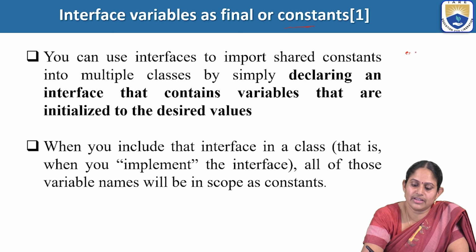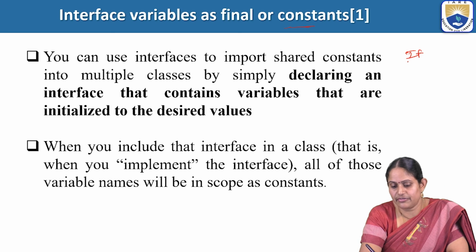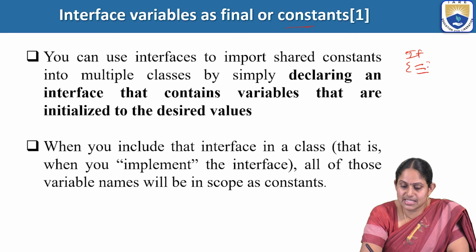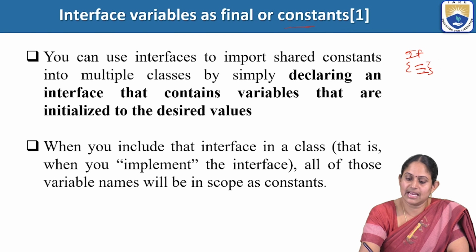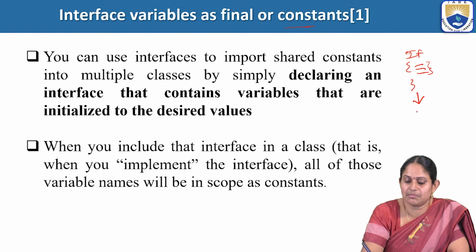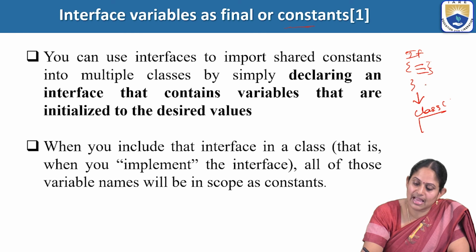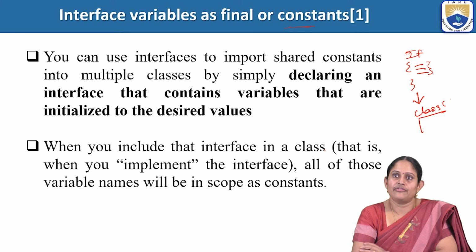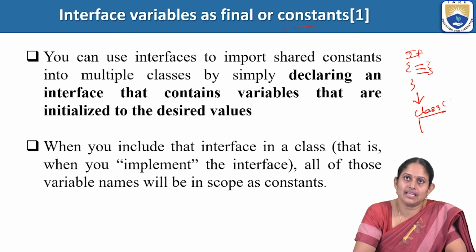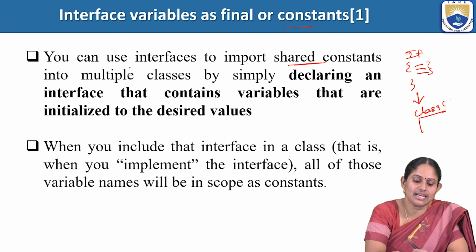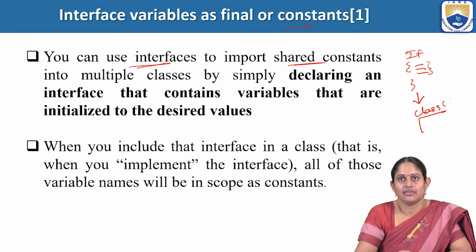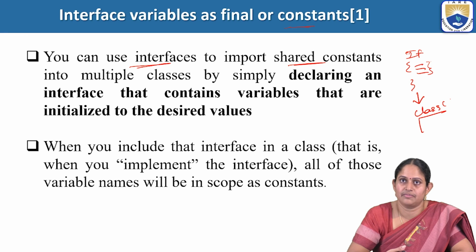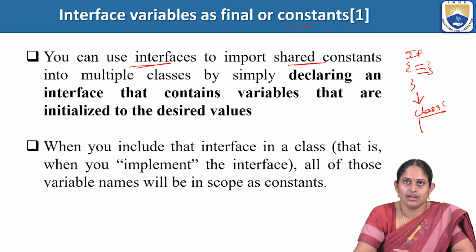So if we have an interface with some constants initialized, and this interface is implemented by some class, then these variables act as constants in that class. So if we want to make use of shared constants, we can create an interface with that number of variables initialized to some values.